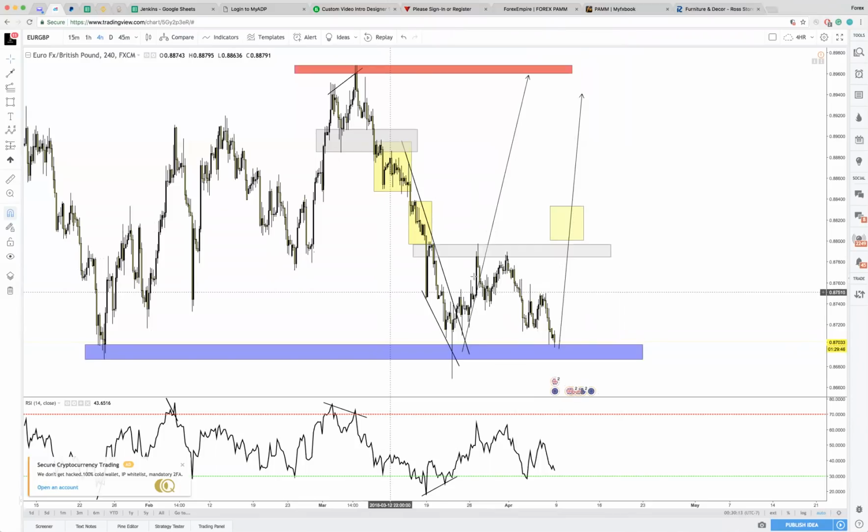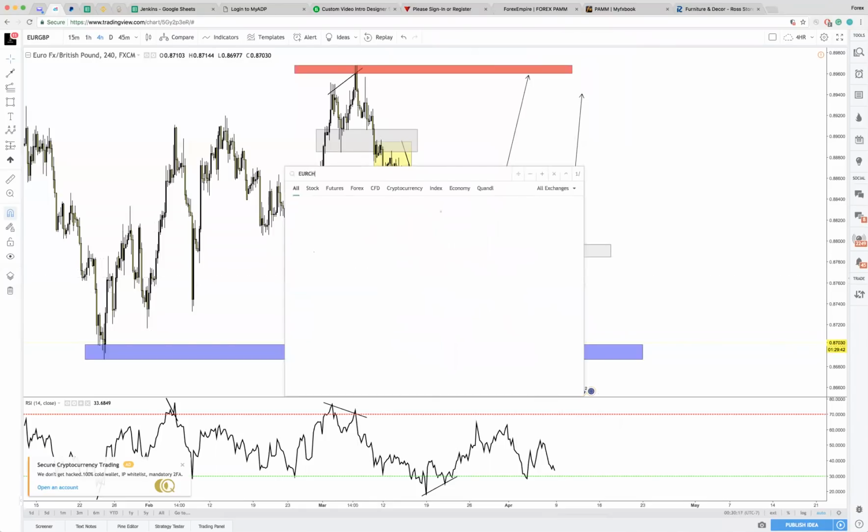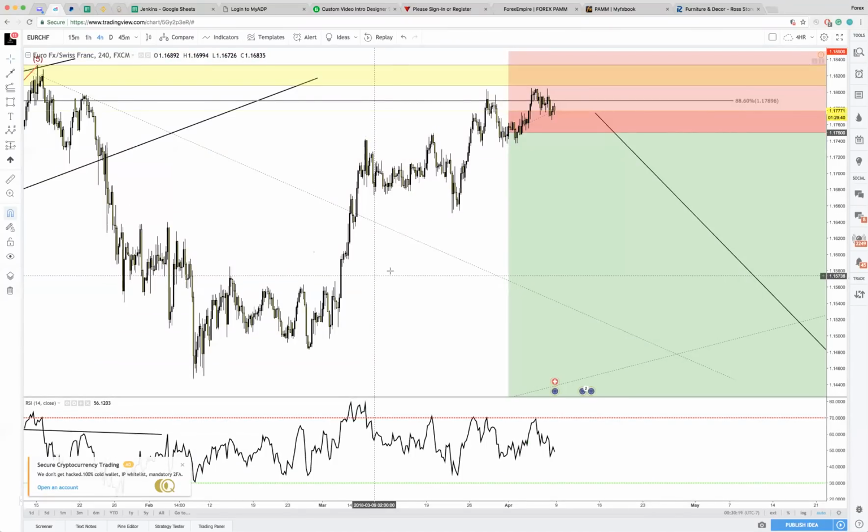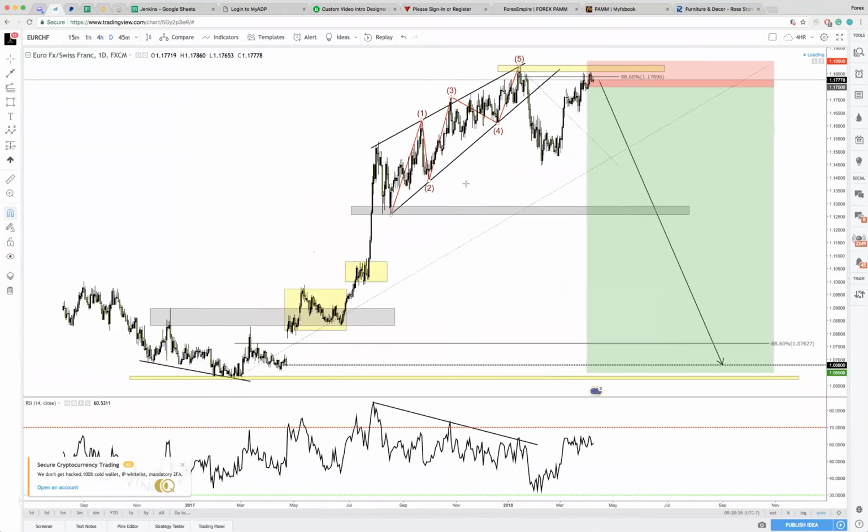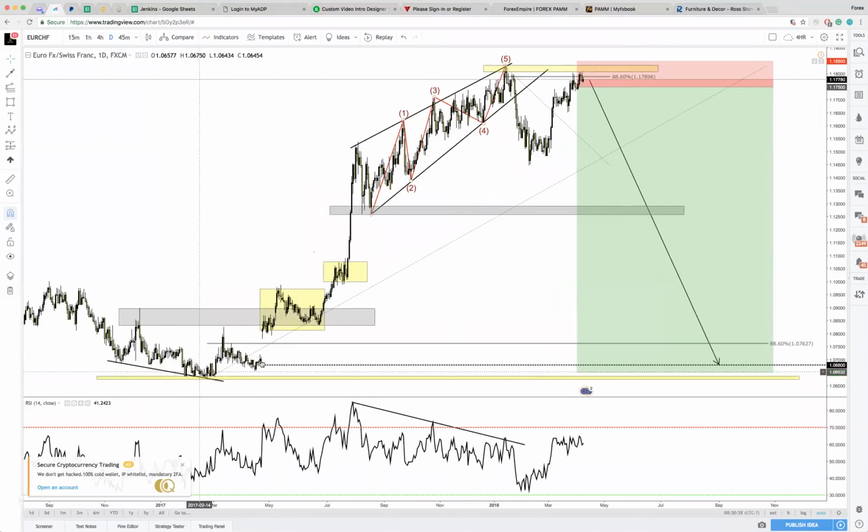All right, next is Euro CHF. All right, so Euro CHF, it has a nice W, level 1, level 2, a nice M with a wedge, has an Elliott wave to it.